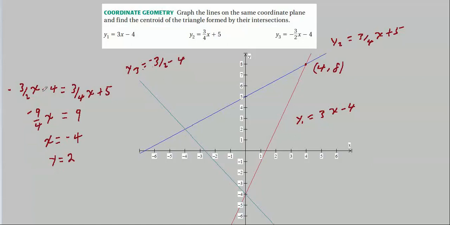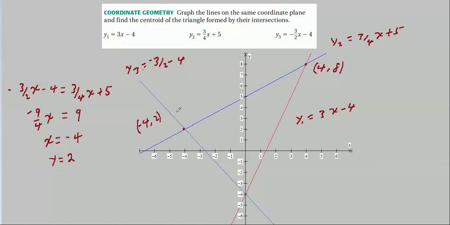A little rearranging, we get minus 9/4 x equals 9, or x equals minus 4, and y equals 2, which makes sense. There's minus 4 and that's 2, so our answer actually makes sense over here. So let's write minus 4, and 2. That's this point here.